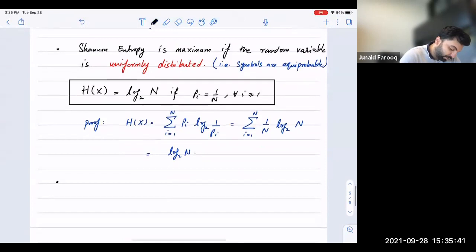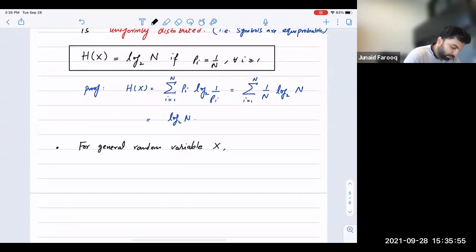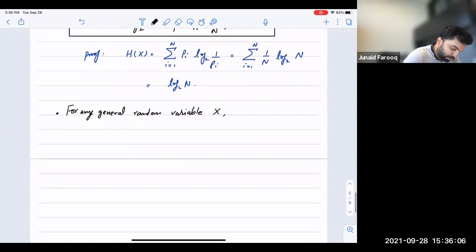And for any other random variable, so for any general one apart from the uniformly distributed ones, the H of X is always less than this number, which is log 2 of n.